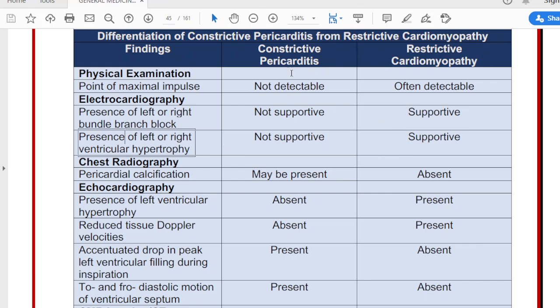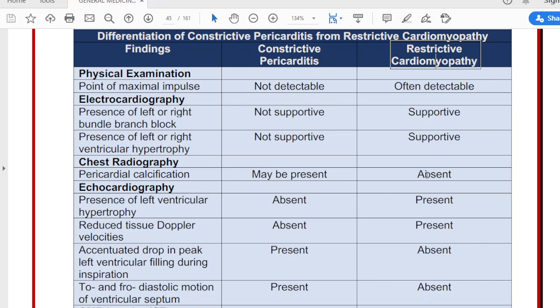Presence of left or right ventricular hypertrophy: constrictive pericarditis not supportive, restrictive cardiomyopathy supportive. Chest radiography. Pericardial calcification: constrictive pericarditis may be present.